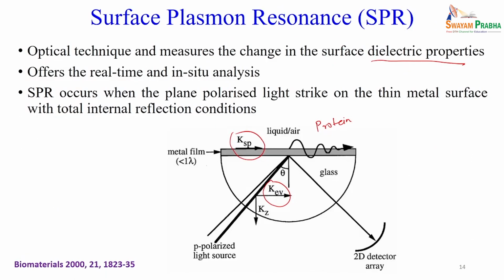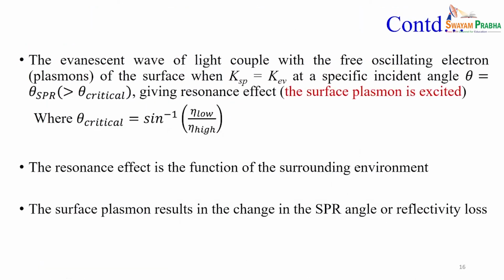When we are passing this polarized light, the value of theta should be such that it matches with theta SPR, and that theta SPR should always be greater than the critical theta.